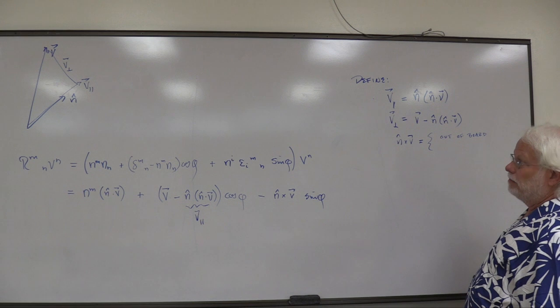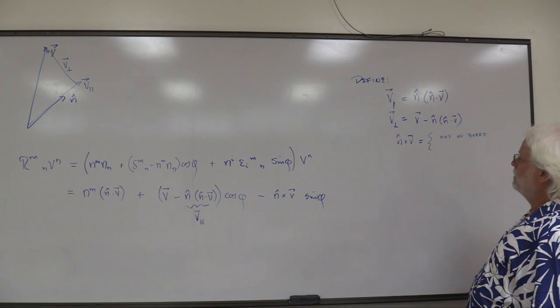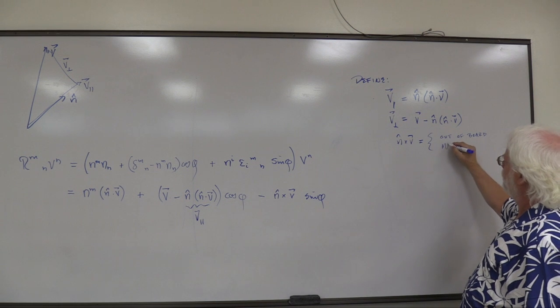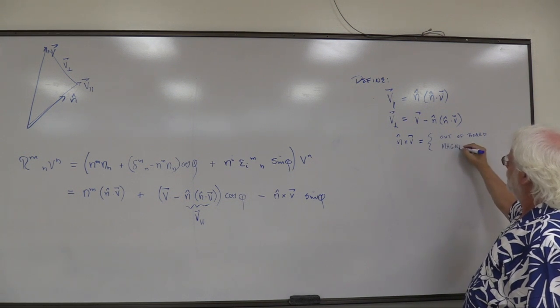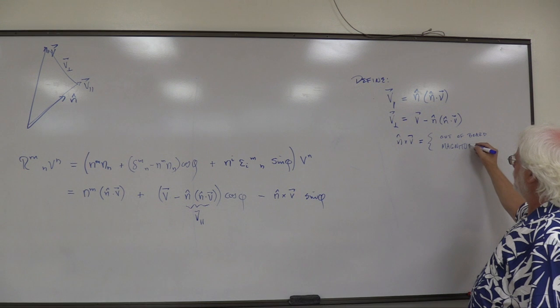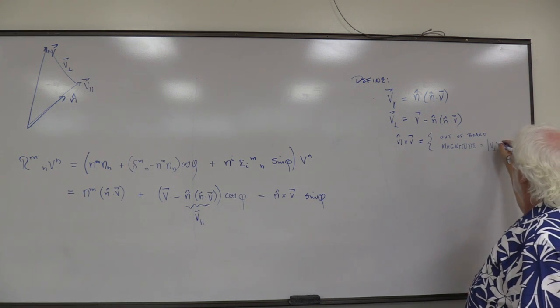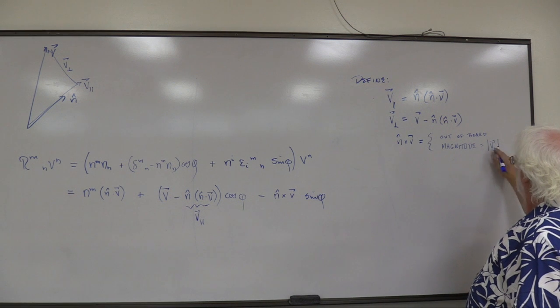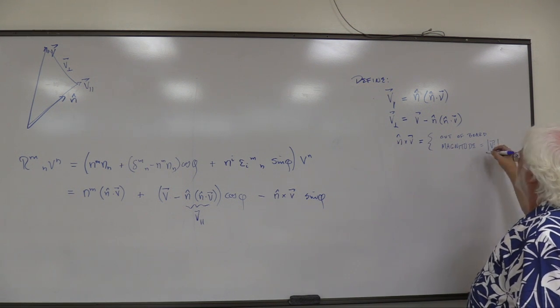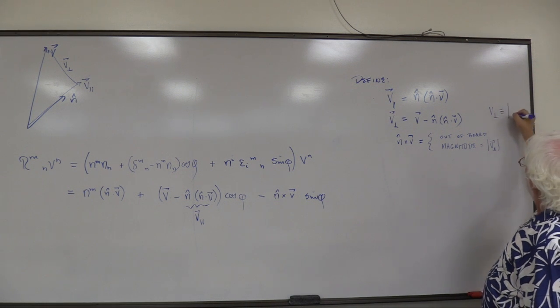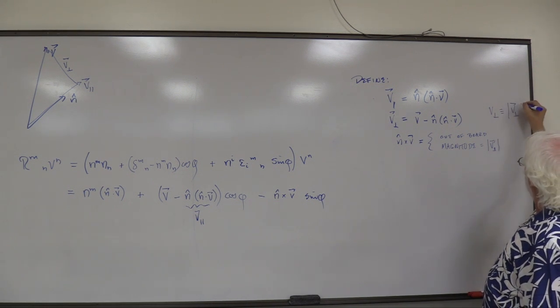It's the magnitude of n, magnitude of v, times the sine of theta. So its magnitude is v perpendicular. Let's let v perpendicular be defined as the magnitude of the vector v perpendicular.